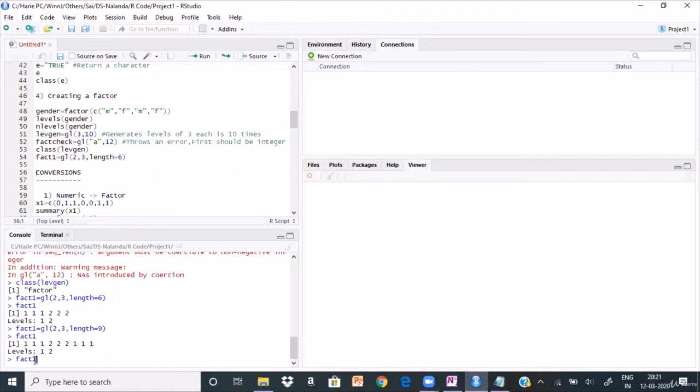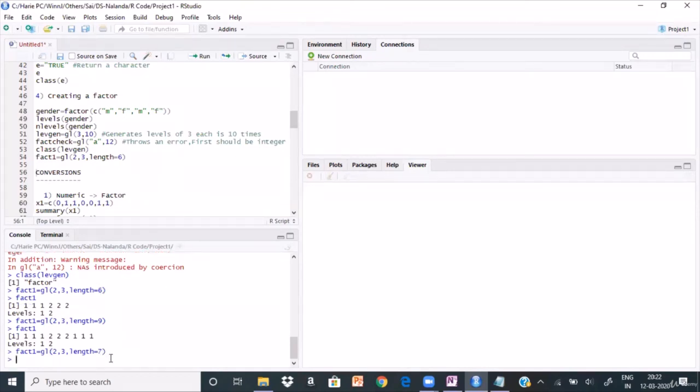If I do it for, let's say, instead of 9, now I will say 7, because I am telling the system that it has to repeat 3 times. Any one level that I repeat has to be repeated 3 times, and the length should be a multiple of 3. Because now if I say 7, let's see what happens.